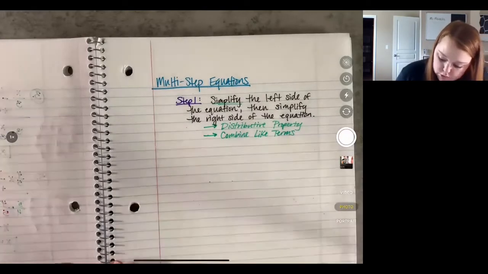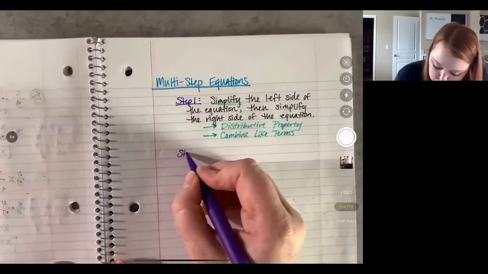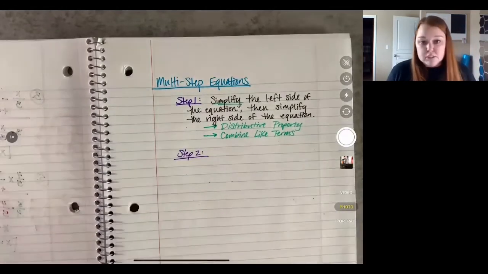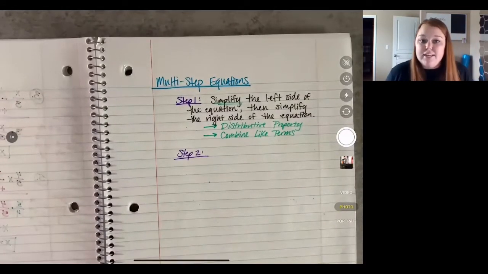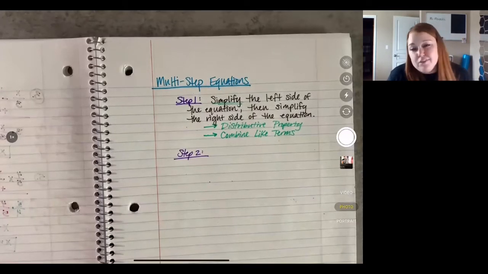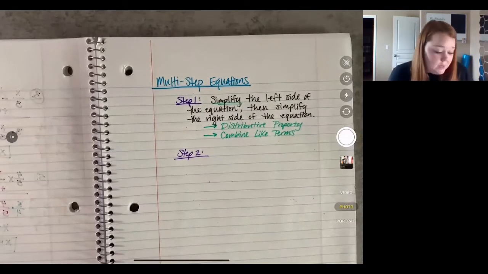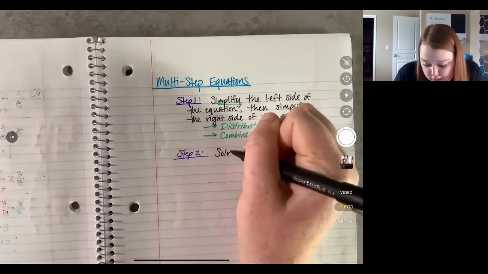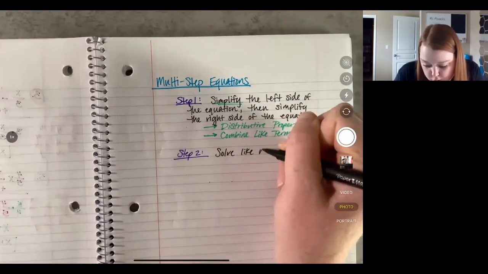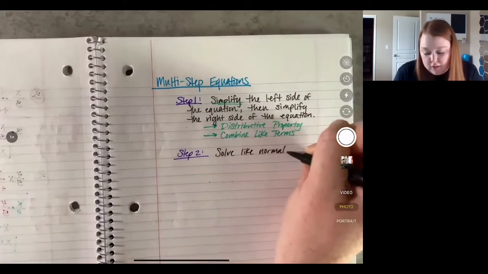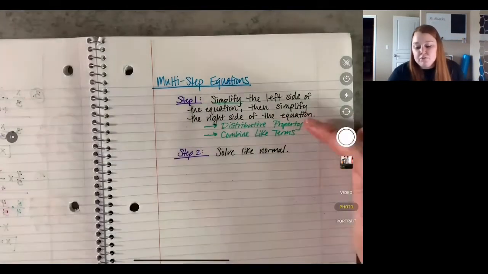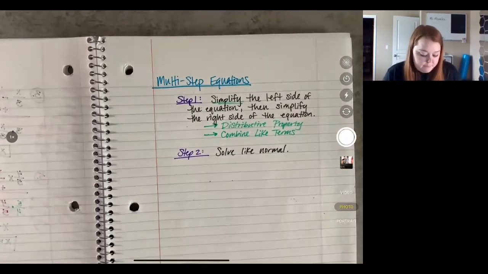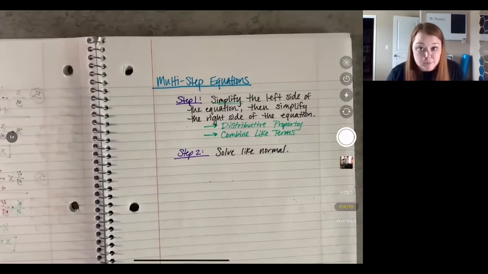Okay, so let's go to step 2. After we simplify the left side and the right side, then you can just solve like normal. And that's literally what I'm going to write down. Step 2 is solve like normal. Because at this point, after you simplify the left side and the right side, it'll just look like a two-step equation.